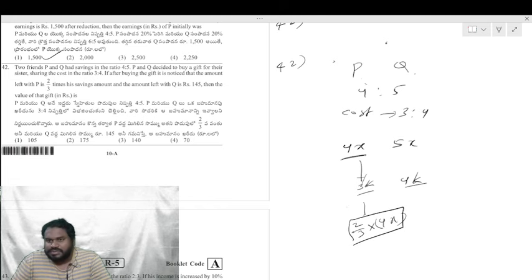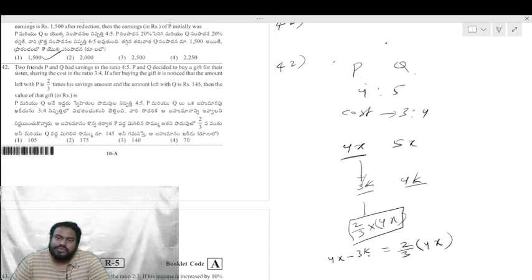This is what he is left with. So you have to subtract 3k from 4x. So now 4x minus 3k will become 2 by 3 into 4x. If you solve this, you will get the relation between x and k. 12x minus 9k is equal to 8x.